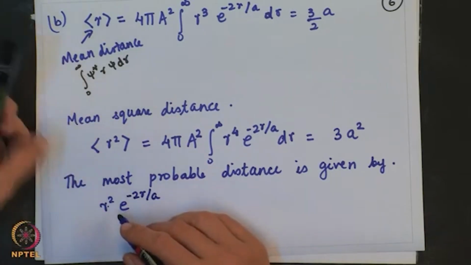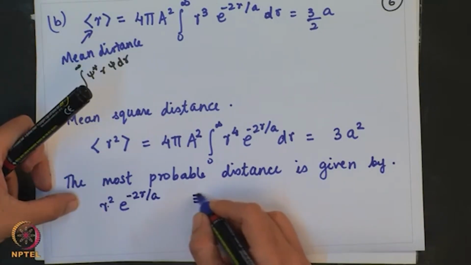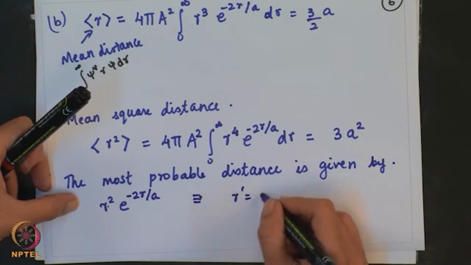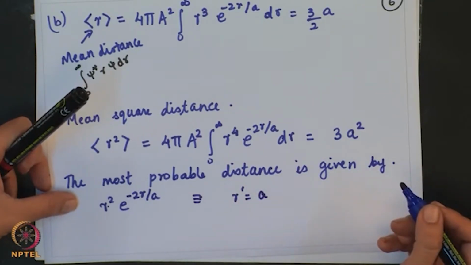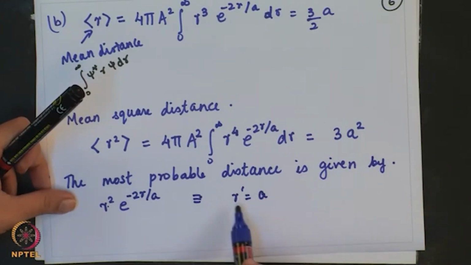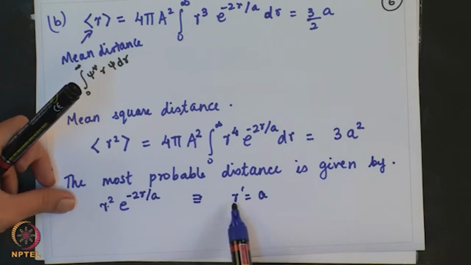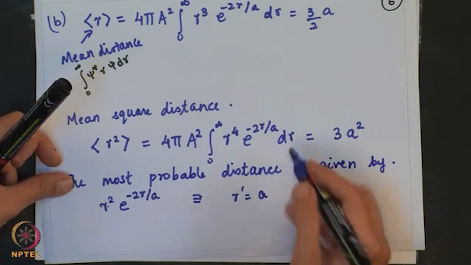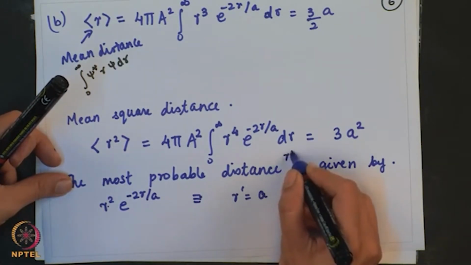When you maximize this, this will lead to r equal to some a, and for that particular value of r, which we call r prime, we will have the most probable distance.